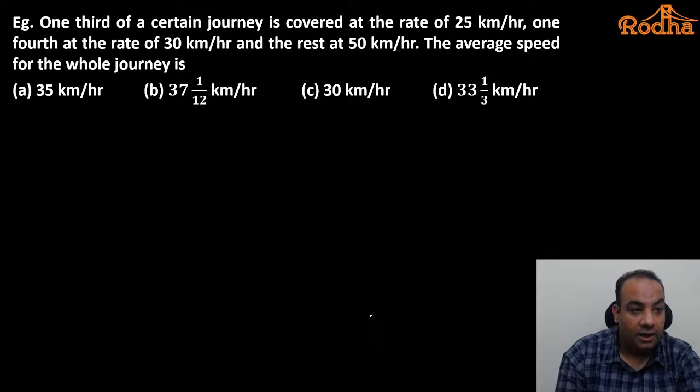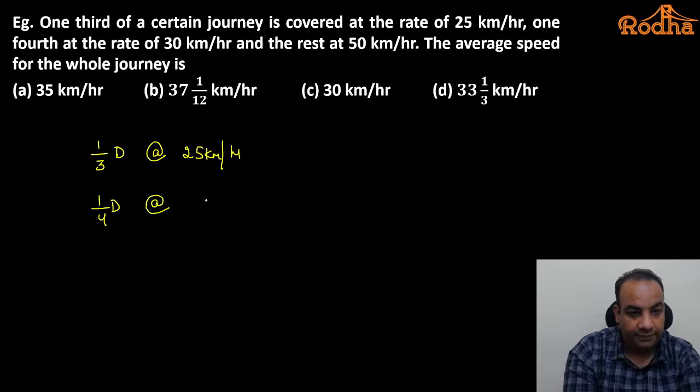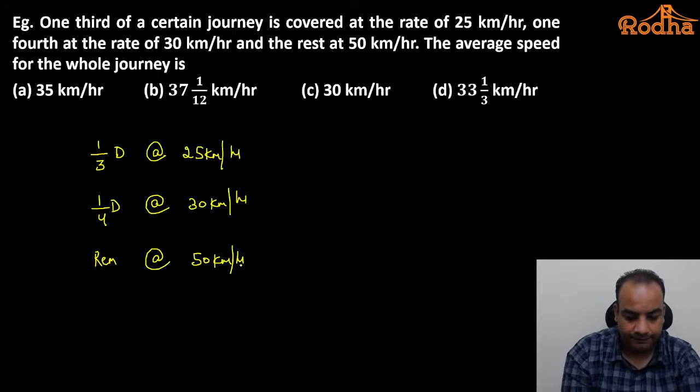What is given? 1/3 of a certain journey is covered at the rate of 25 km per hour, so 1/3 of the distance, whatever it is, is covered at a speed of 25 km per hour. 1/4 of the distance is covered at 30 km per hour, and the remaining distance is covered at 50 km per hour.